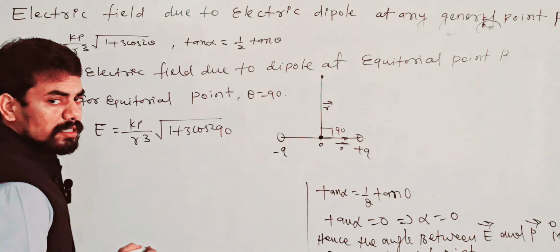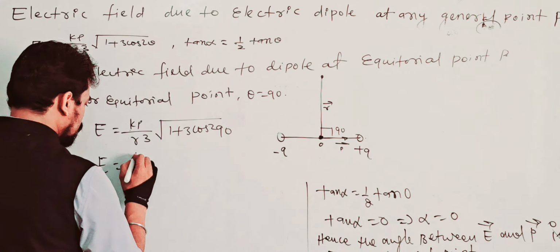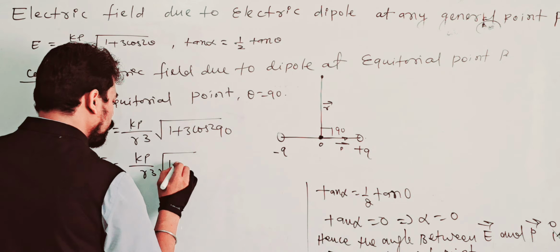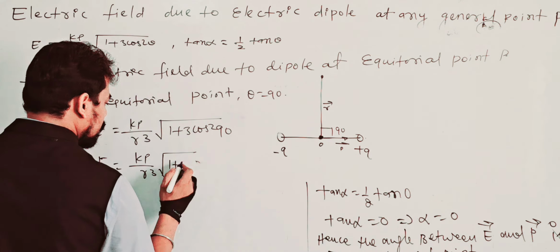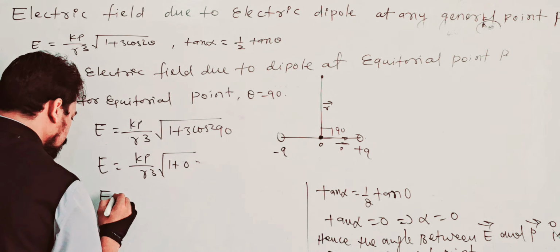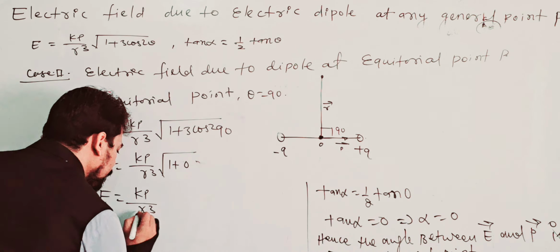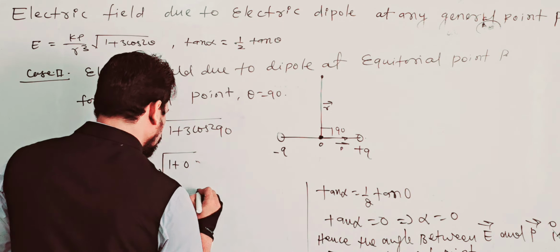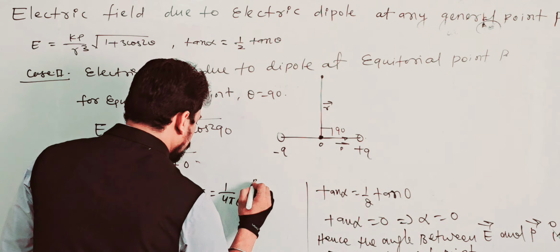Cos 90 is 0. So E equals Kp by R cube under root 1 plus 3 into 0, which is 0, and the square root of 1 is 1 only. This is Kp by R cube. So E equals 1 by 4 pi epsilon naught P by R cube.